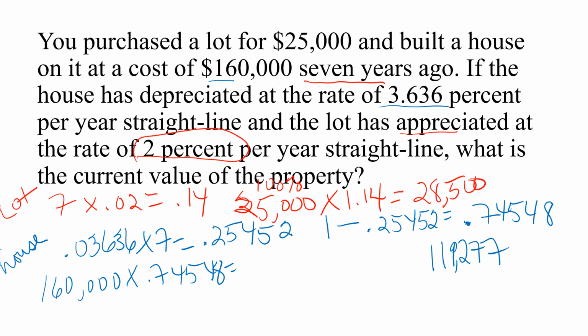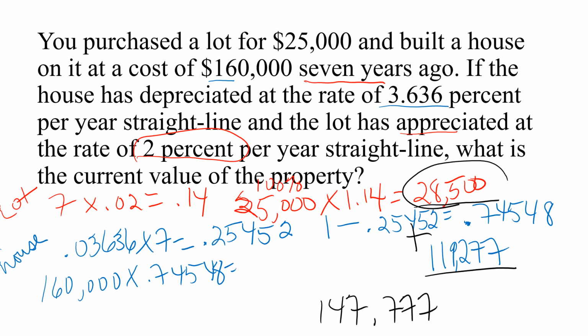Now we just need to add our numbers together. So we want this number plus this number, and that gives us a total of 147,777.